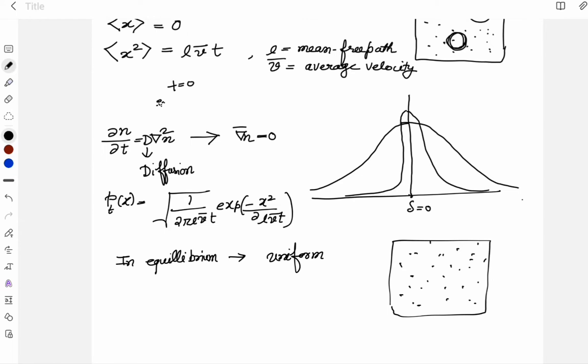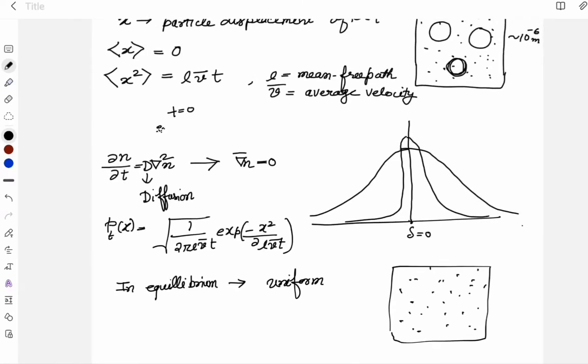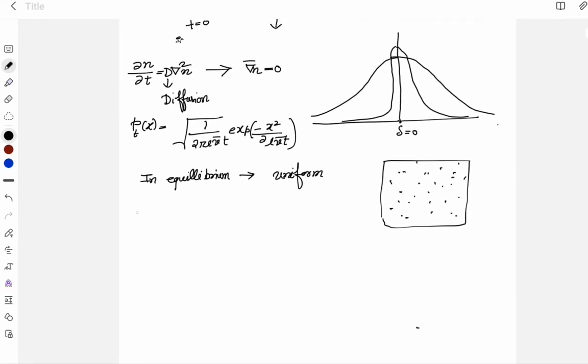Now, this is for the displacement as a random variable. If we consider the random variable velocity, average velocity, let's say, the same as the displacement, one can say that since the particles are confined and overall they are not moving, they are not going anywhere.